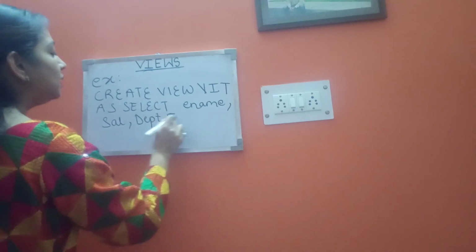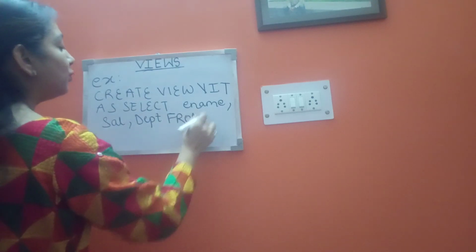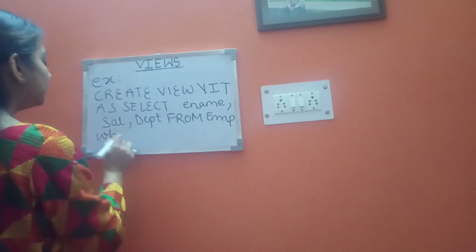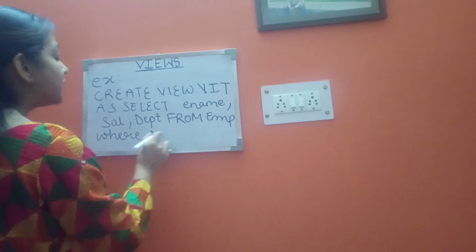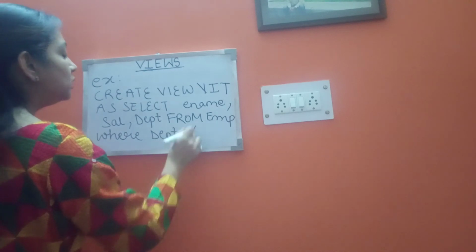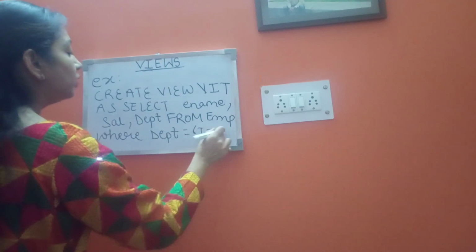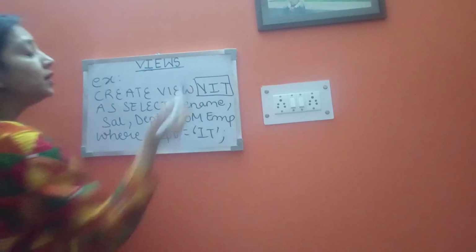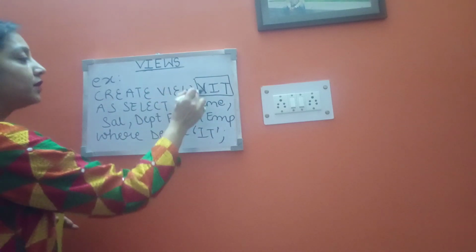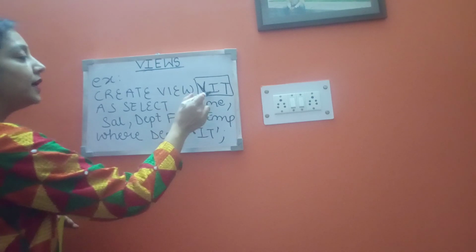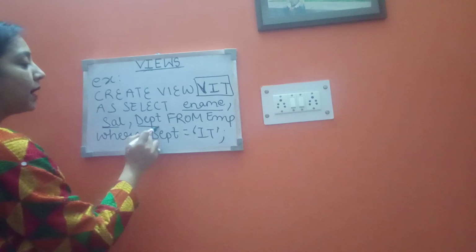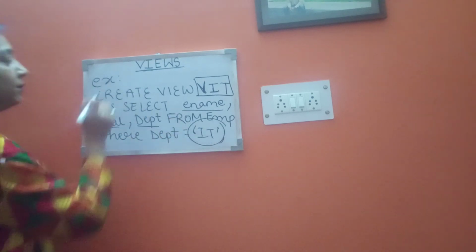From which table? From the employee table. What is the condition? Where department equals IT. So this view will also run in a similar manner. The query that will run will give you the result regarding the IT department, a table containing e-name, salary and department only from the IT department.